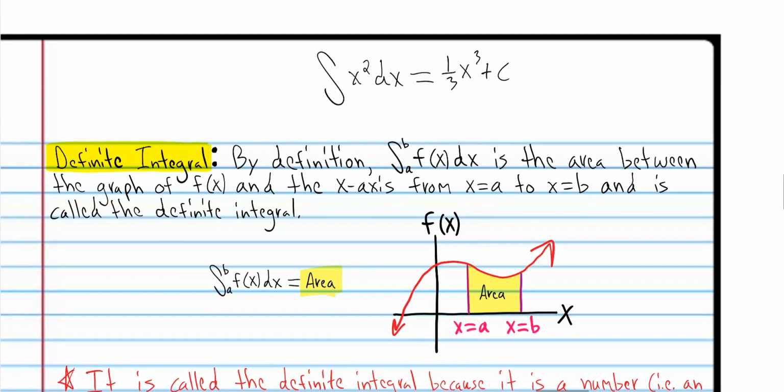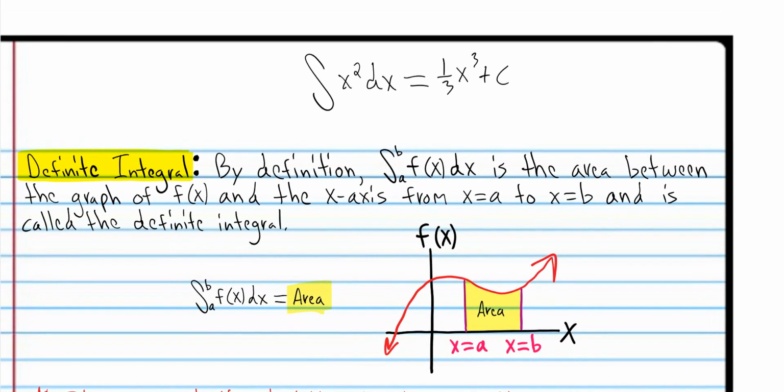And notice that there's only one difference. Look at this blue expression, which is the definite integral, and look at this green expression, which is an indefinite integral. There's only one difference. The difference is the definite integral has a and b, but the indefinite does not.